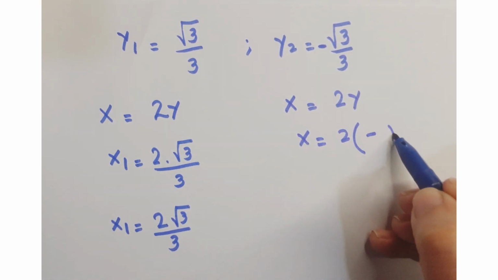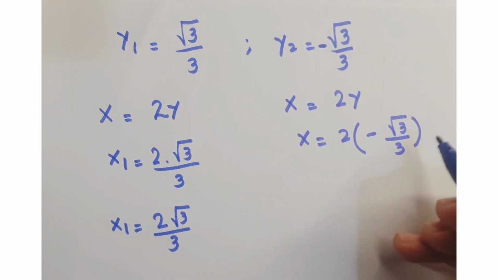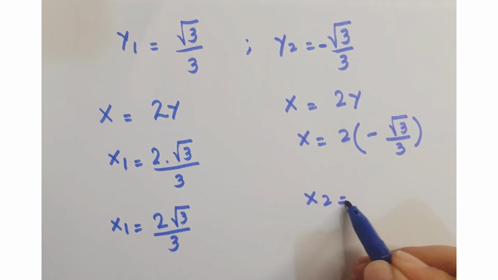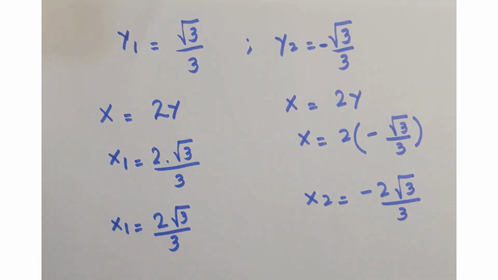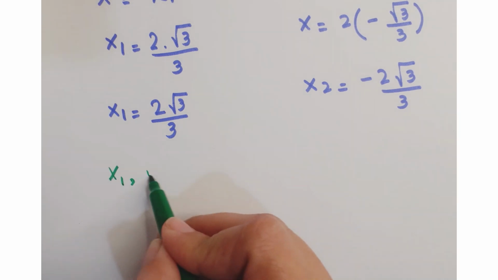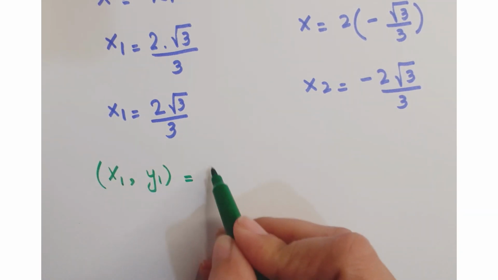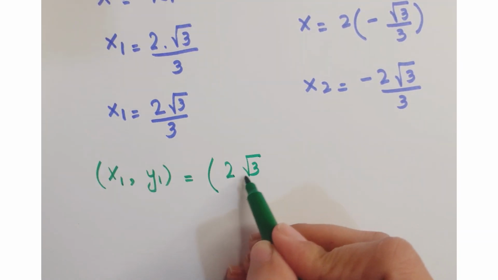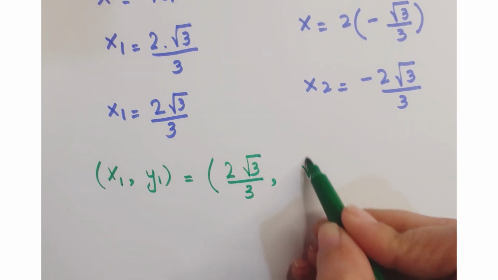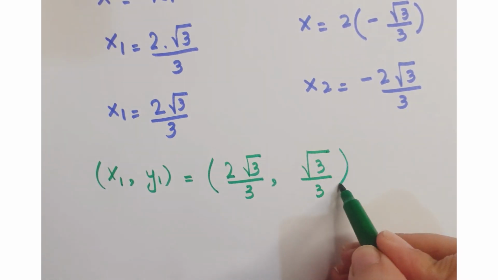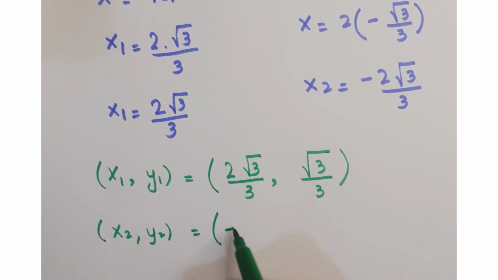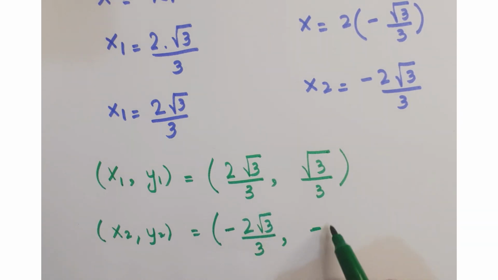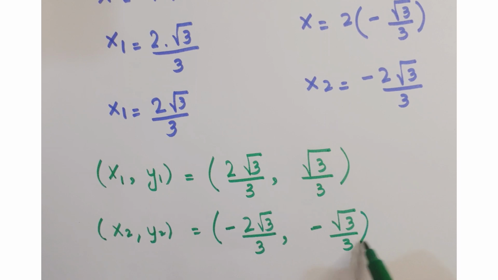Putting this value, we get x2 is equals to minus 2 under root 3 upon 3. So we have x1, y1 is equals to 2 under root 3 upon 3, under root 3 upon 3, and x2, y2 is equals to minus 2 under root 3 upon 3, minus under root 3 upon 3.